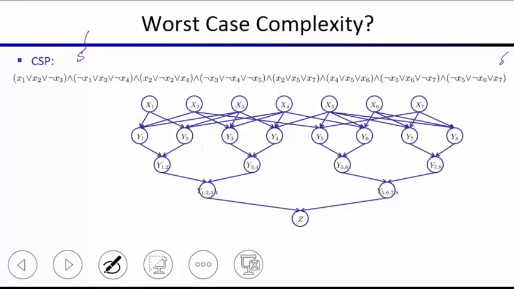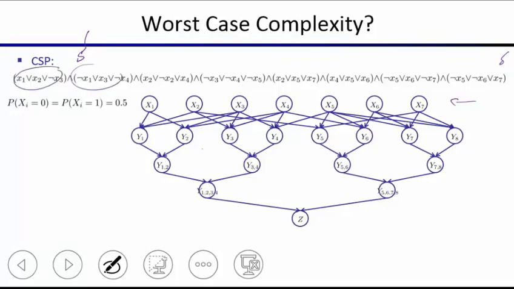The way we can answer this question, if we have access to a BayesNet inference engine, is to set this up as a BayesNet. Here's what the BayesNet looks like. The top set of variables are the original variables in the CSP, and we assign uniform distributions to them. It's always probability 1/2 to be true, probability 1/2 to be false. Then the next layer encodes these 3SAT clauses.